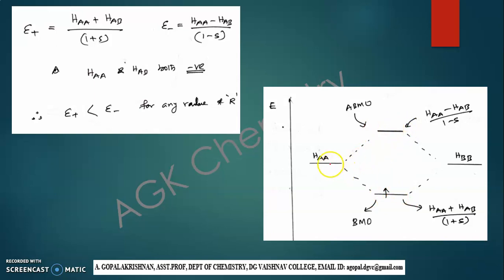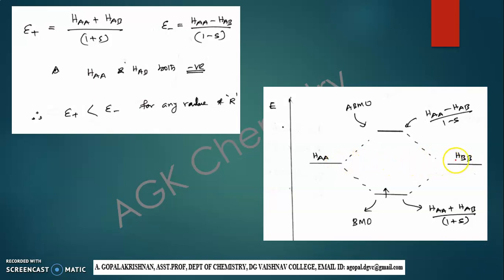I have told you H_AA and H_BB, these two are the electronic energy when the electron is forced to occupy the 1s orbital of hydrogen atom A, and this is the energy when the electron is forced to occupy the 1s orbital of hydrogen atom B. Are you able to understand? And since they are hydrogen atoms, the energy is supposed to be the same.